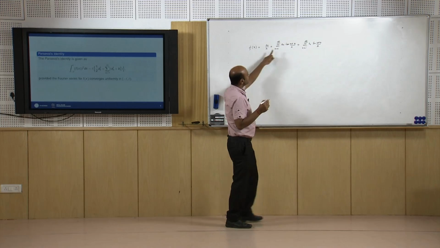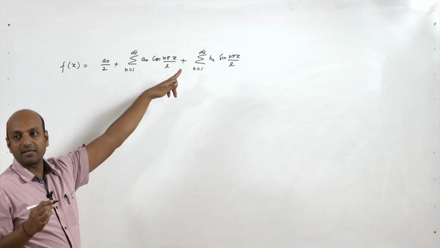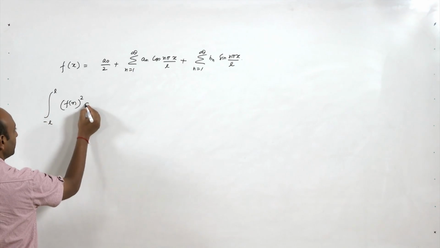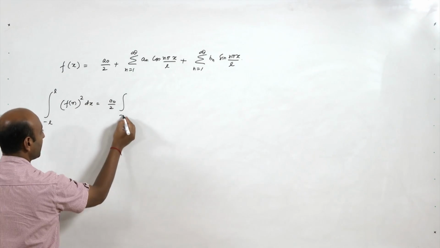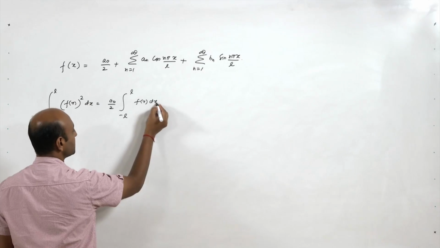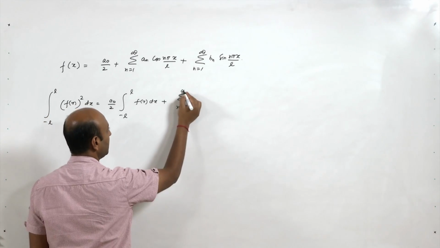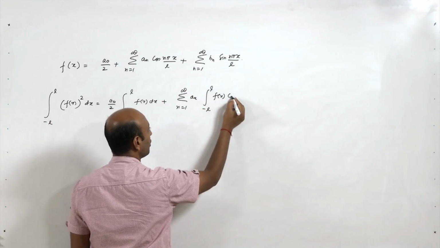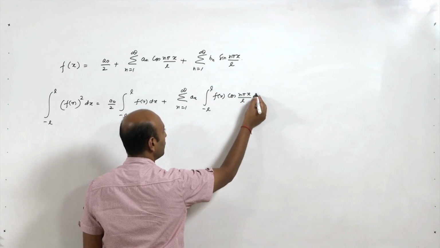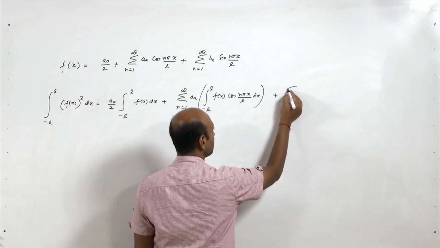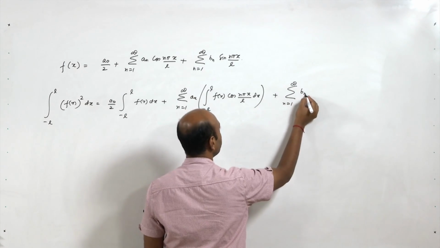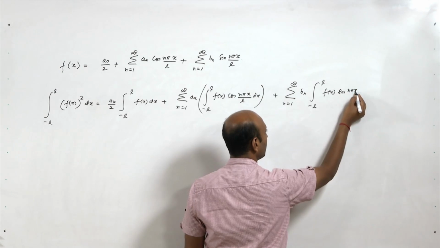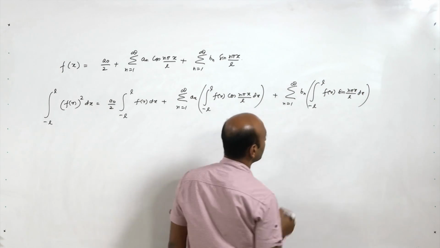So, you simply multiply both sides by f(x) and integrate from minus L to plus L. What will we get? The integral of f(x) whole square dx is a naught upon 2 times the integral from minus L to plus L of f(x) dx, plus summation n varying from 1 to infinity a n times the integral from minus L to plus L of f(x) cos n pi x upon L dx, plus summation n varying from 1 to infinity b n times the integral from minus L to plus L of f(x) sine n pi x upon L dx.